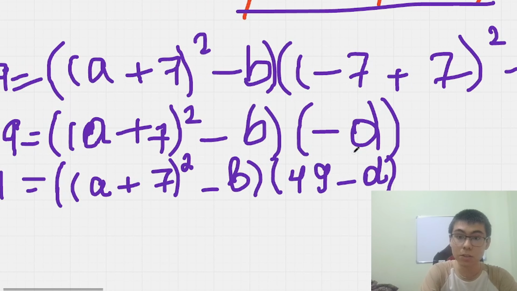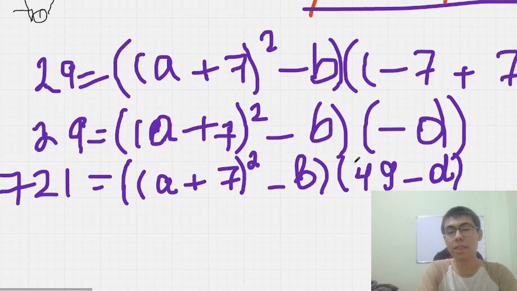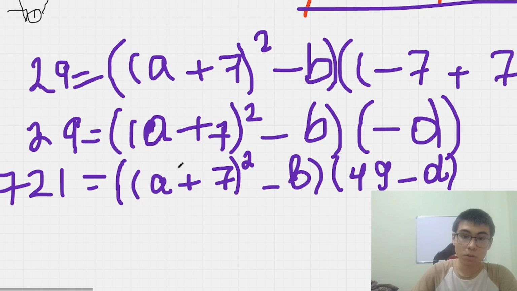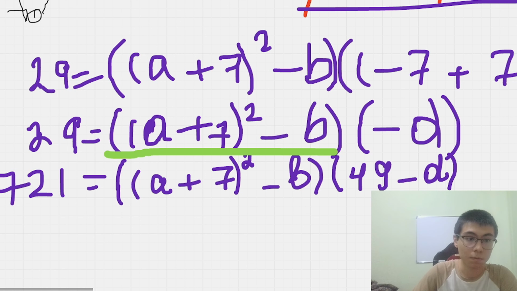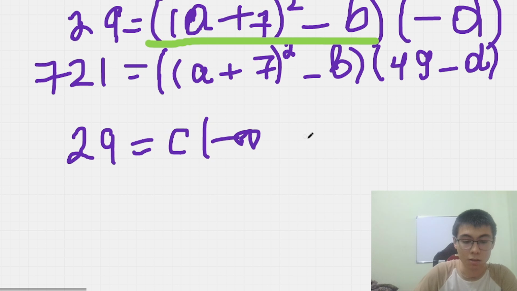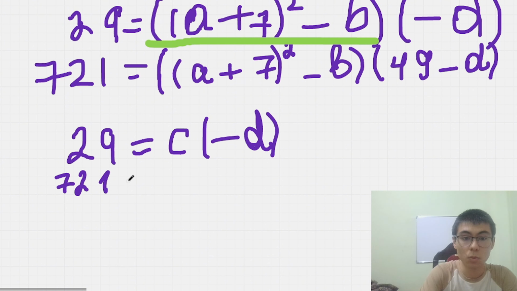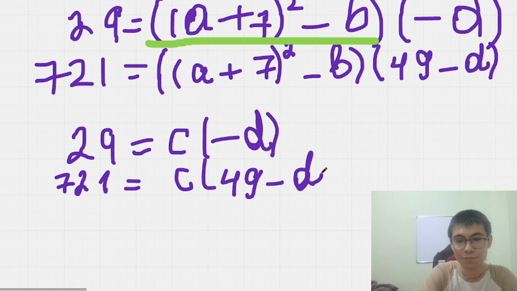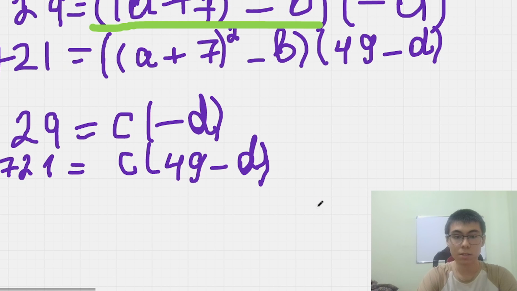We don't really know the values of A and B. So I think what we can do is replace this part with C, for example, so that we can write 29 equals C multiplied by something minus D. And in the second part, you have 721 equals C multiplied by 49 minus D.